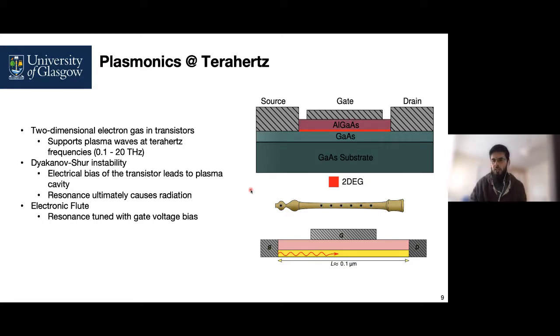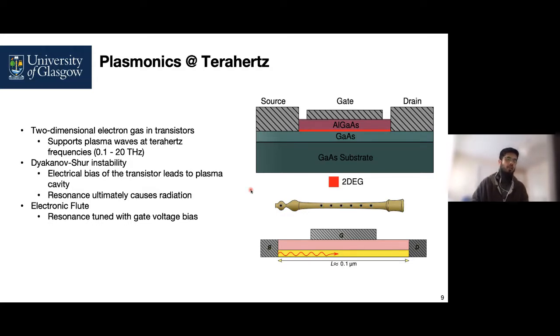In general, a field effect transistor is made by sandwiching different semiconductors on top of each other. When different semiconductors are sandwiched, we observe some unique electromagnetic wave phenomena happening at the interfaces, and this is the existence of terahertz frequency surface plasmons.